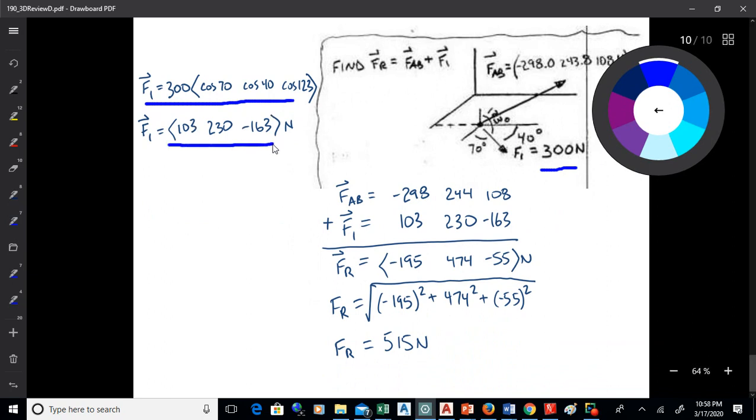So 300 times each of those unit vector components gets you F1. You would just then add it to FAB, get a resultant vector, take the square root of the sum of the squares to get the resultant magnitude, which is 515. So that's a little bit of a run through some 3D functions there, just a review, because I know it's been a while since you've had that.